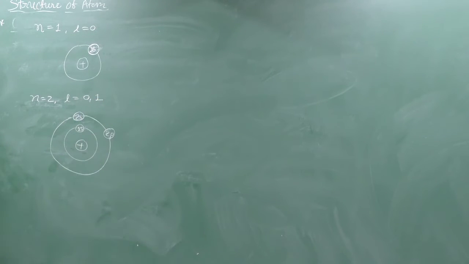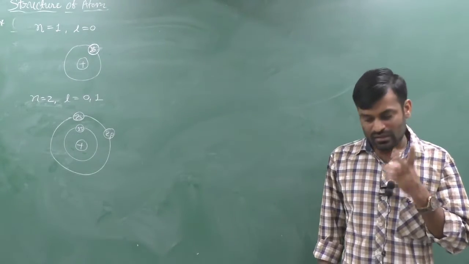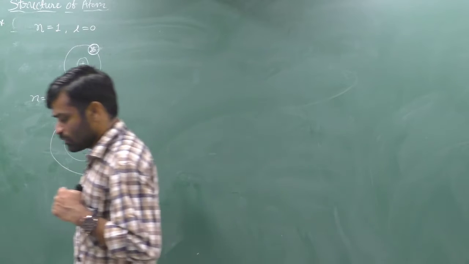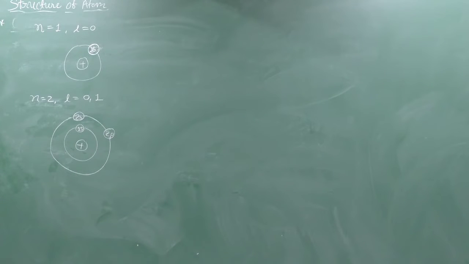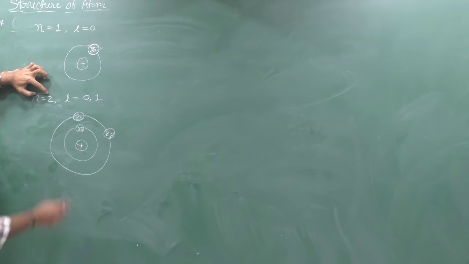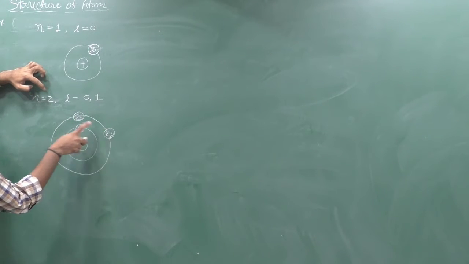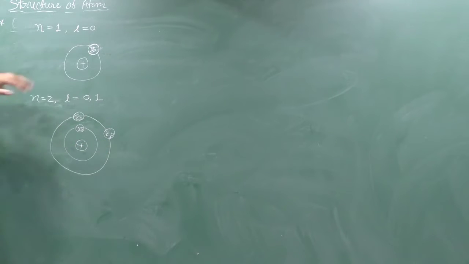First energy level has only and only one orbital, second energy level has two orbitals. Means that the principal quantum number denotes the number of orbitals present in the energy level. If the principal quantum number is 1, there is 1 orbital in that energy level. If the principal quantum number is 2, there are 2 orbitals, s and p. Then there are sub-levels within them, but we are not discussing that now.